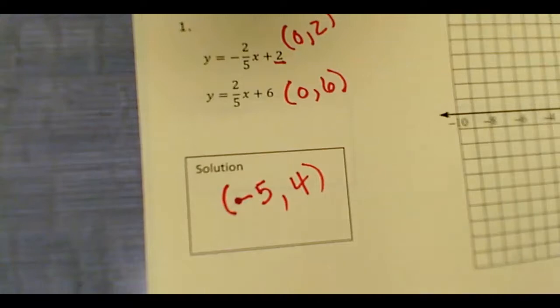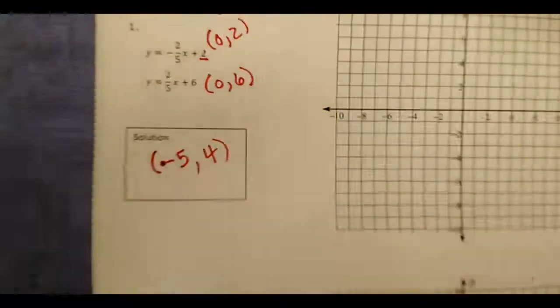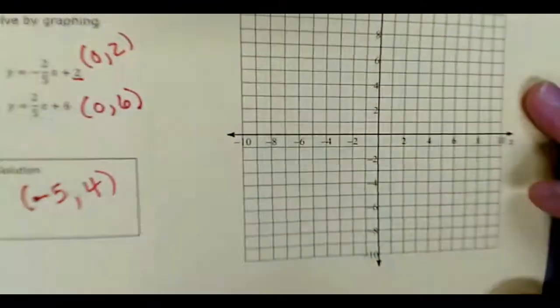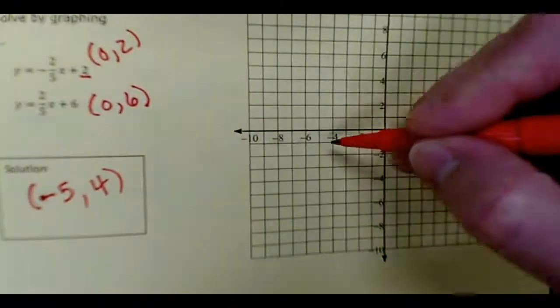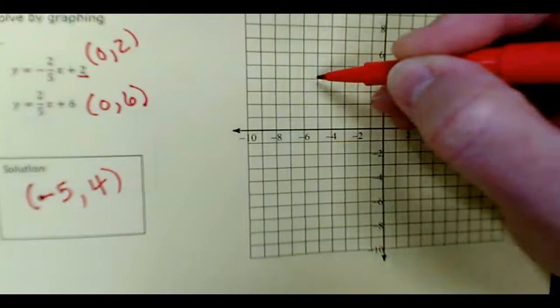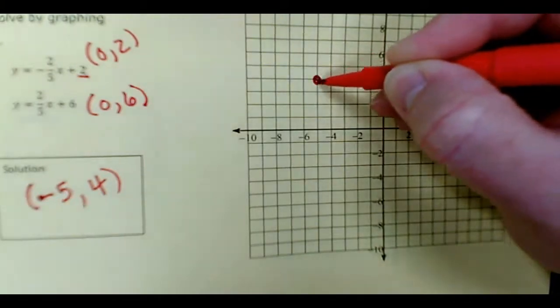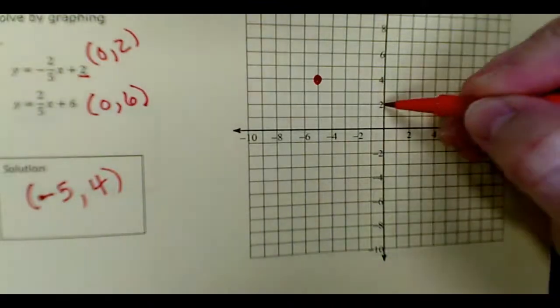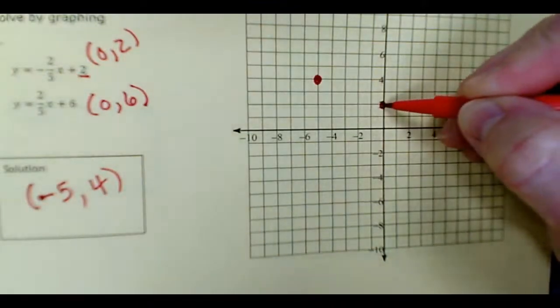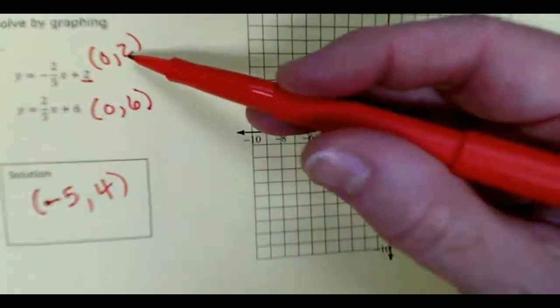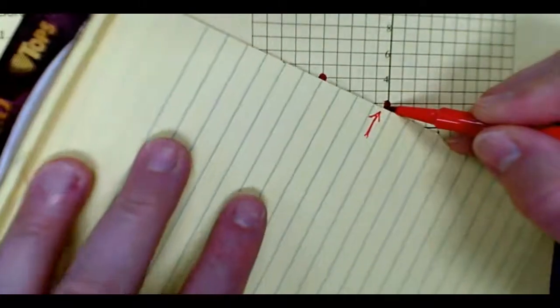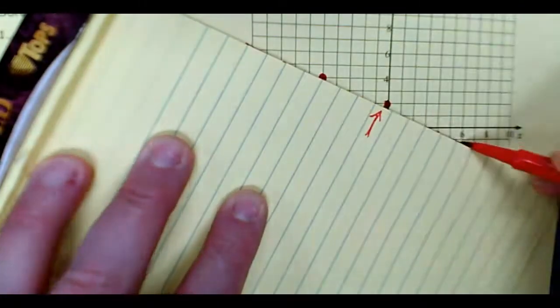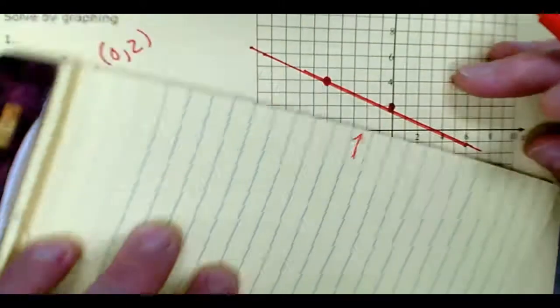Now, when our computer is working in a little bit, you will be able to access your document in Kami, and you will put the intersection point on your graph using Kami, and you will put the x-intercept, that's the first x-intercept, and you will draw the line using Kami.